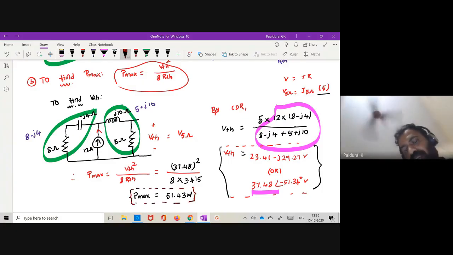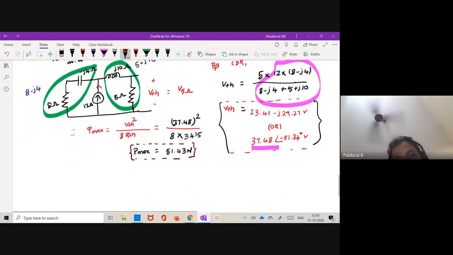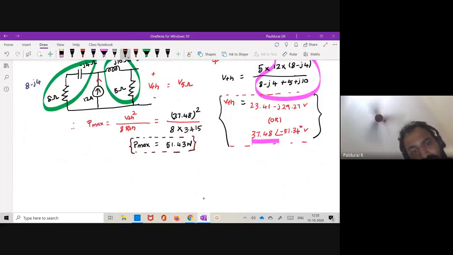So either you can calculate ZTH or you can calculate P max. Any question may be asked, only two possible: to find ZTH as well as to find P max. You know the formula. Now let me take example 3.